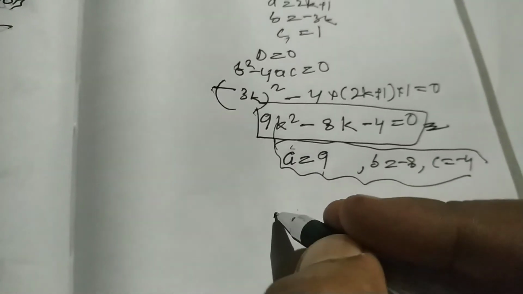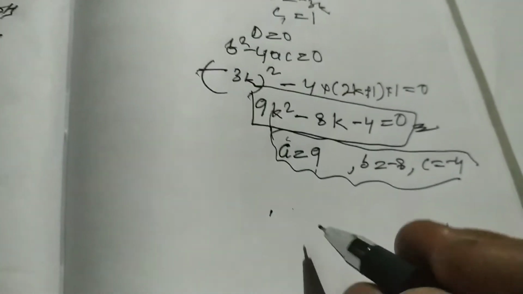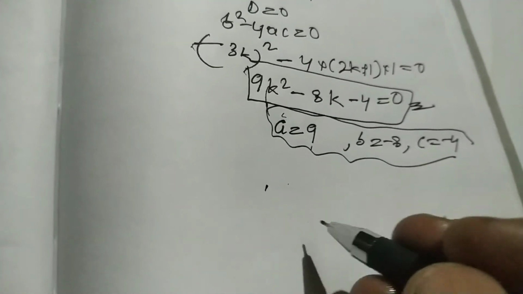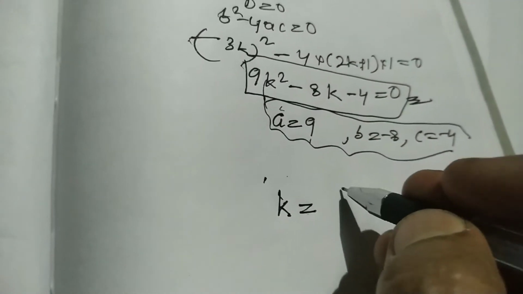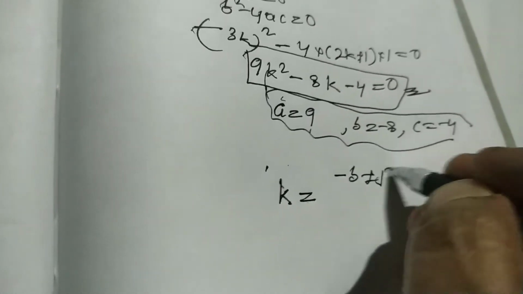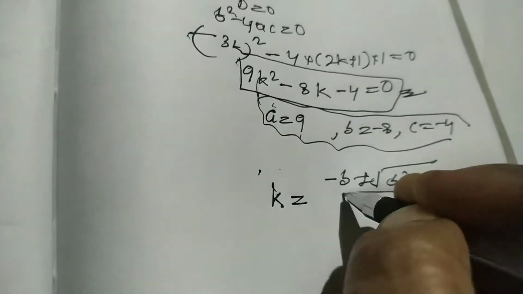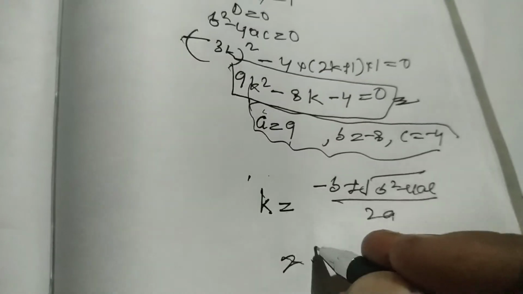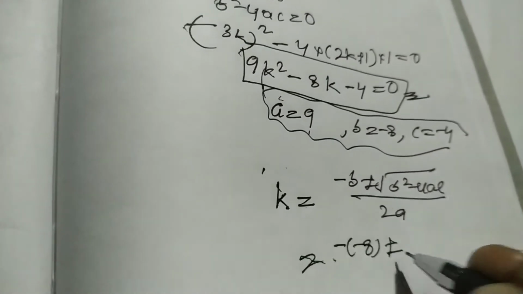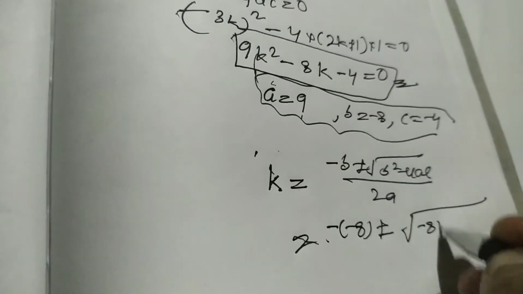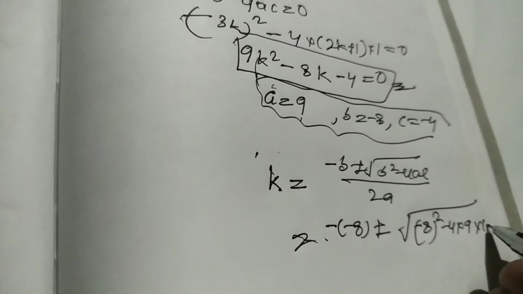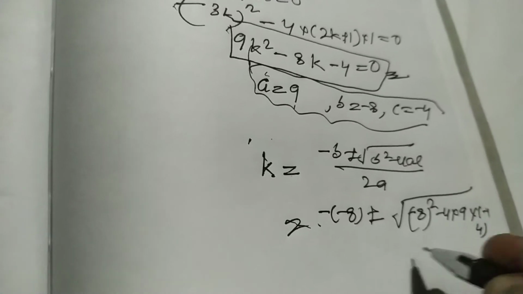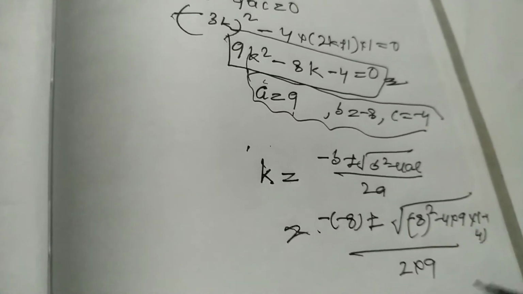Now if the variable is k, then we write again k = (−b ± √(b² − 4ac)) / 2a. Now this is −(−8) ± √((−8)² − 4 into a, which is 9, and c, which is −4) upon 2a, 2 into 9.